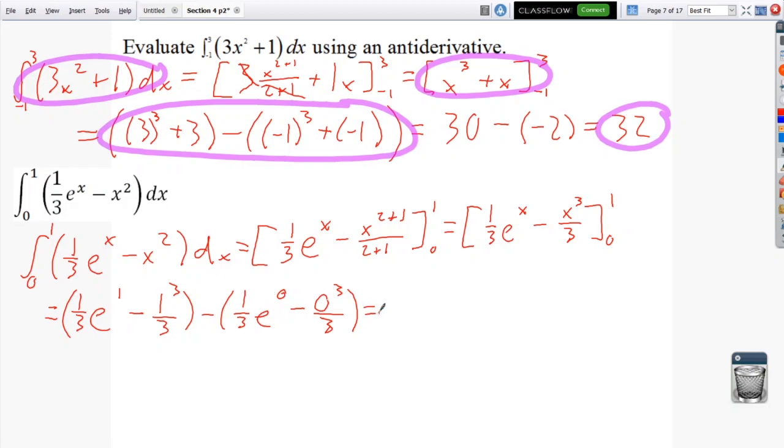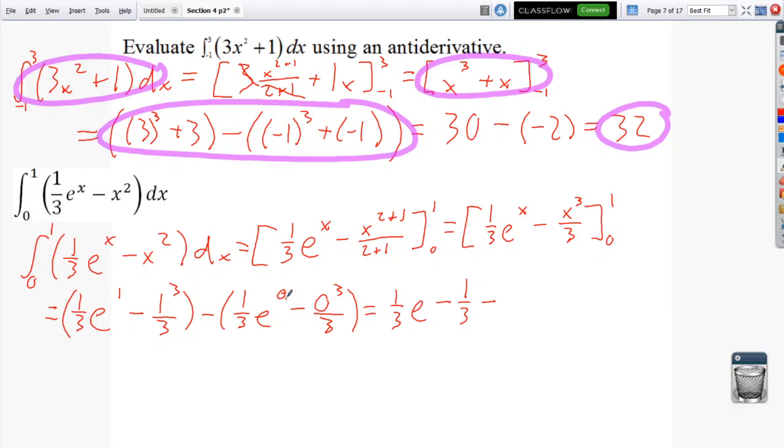So again, looking here, we just want to evaluate as many things as possible. 1/3 e to the first is just going to be 1/3 e. 1 cubed is 1, so minus 1/3, minus, now I see this e to the 0th power.